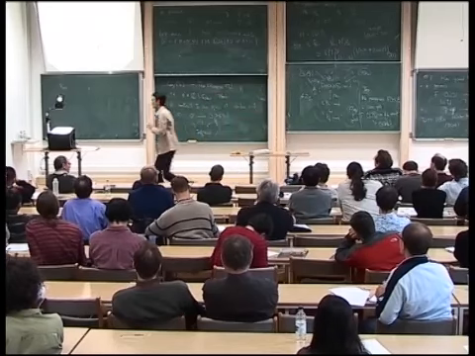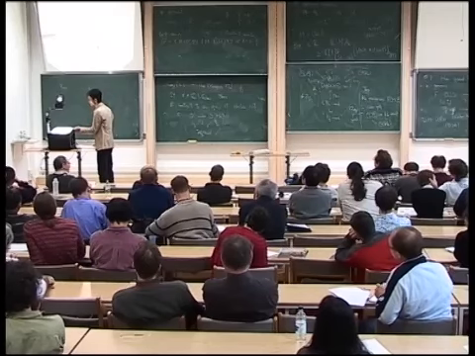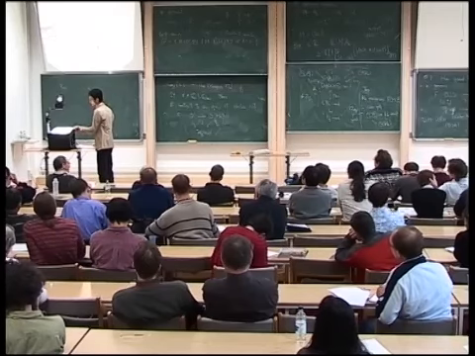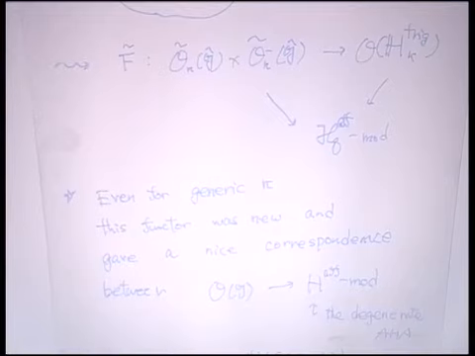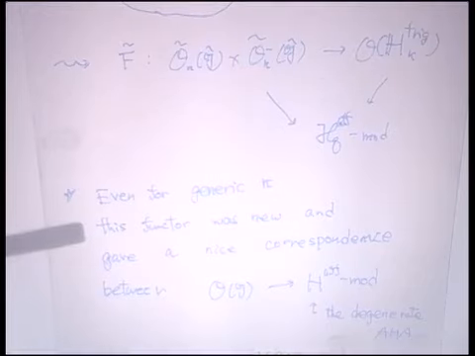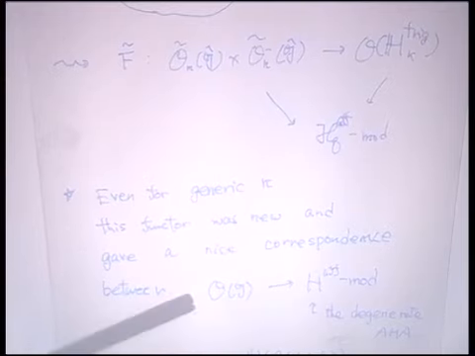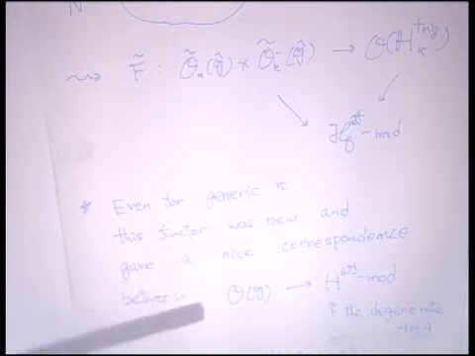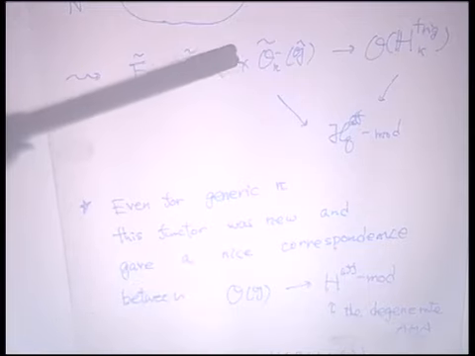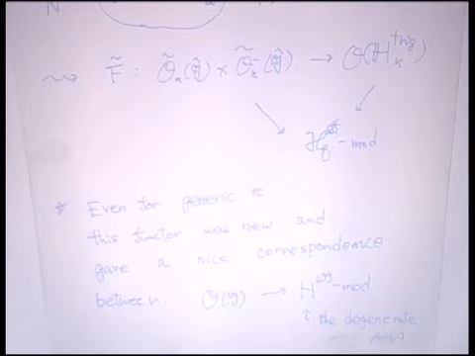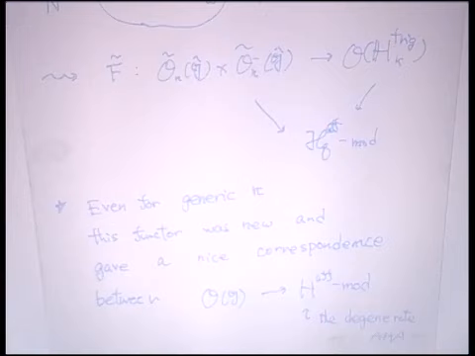But even for generic kappa, this functor was new, and it turned out that this functor in the generic case gave a nice correspondence between the category of highest weight modules of finite G, inside this affine category, and the finite dimensional modules of the degenerate affine Hecke algebra.